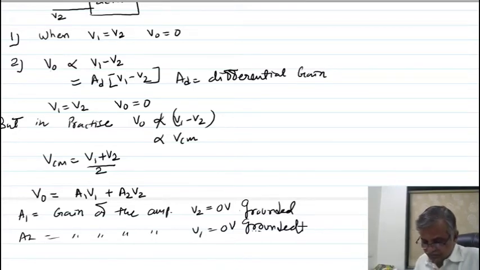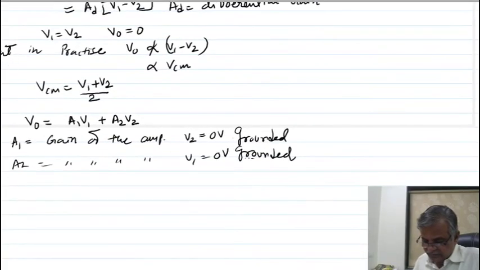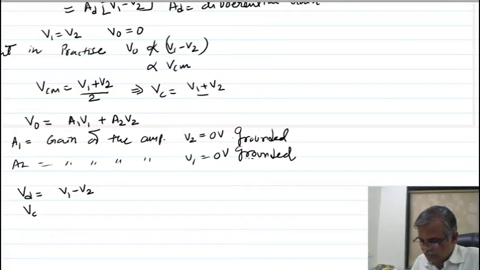Now, the differential signal is given by V1 minus V2. And the common mode signal, which I have written VCM, sometimes we write VC, is V1 plus V2 by 2.